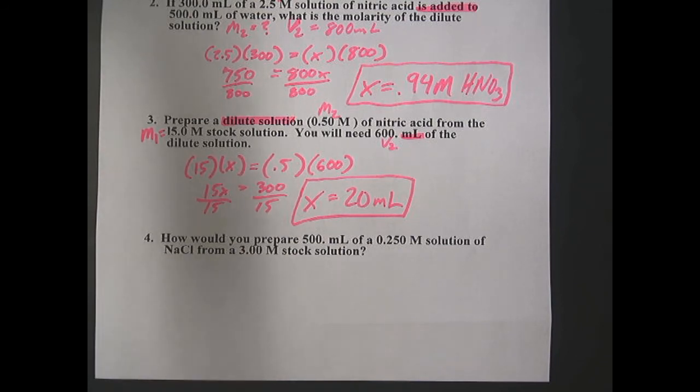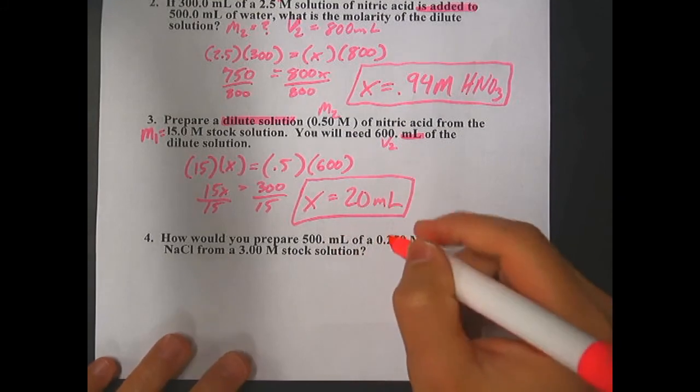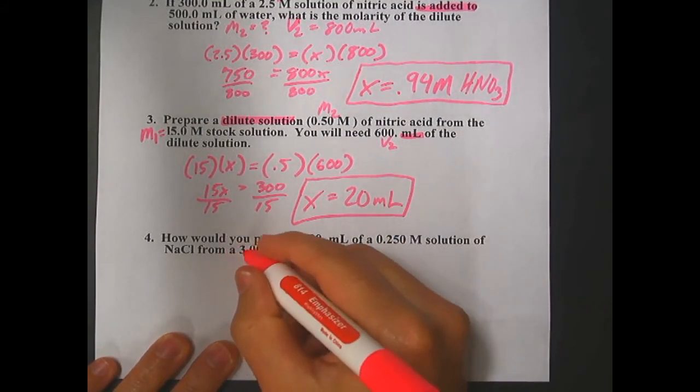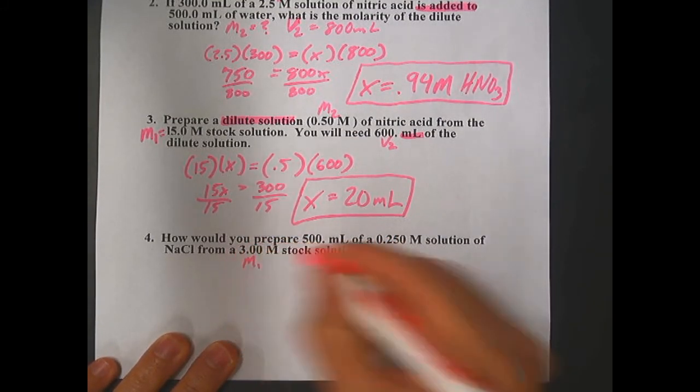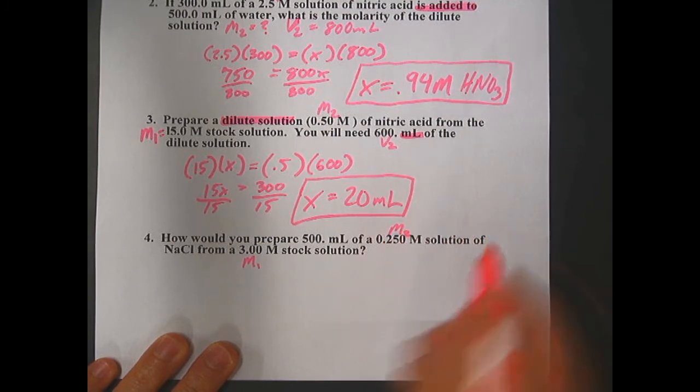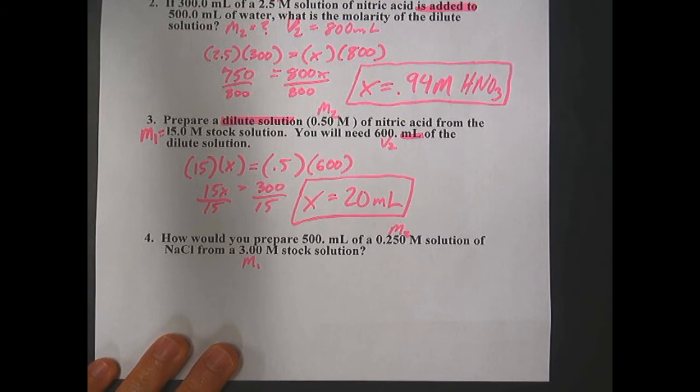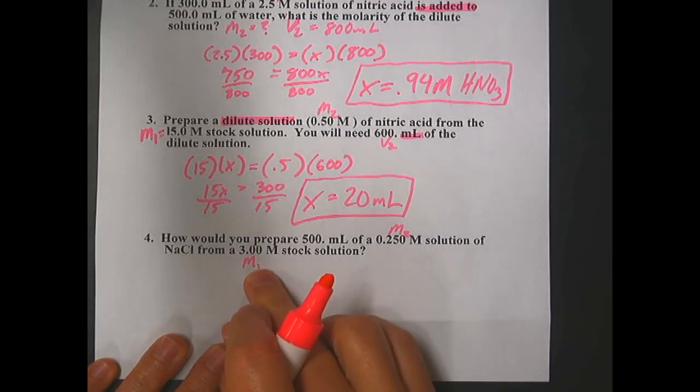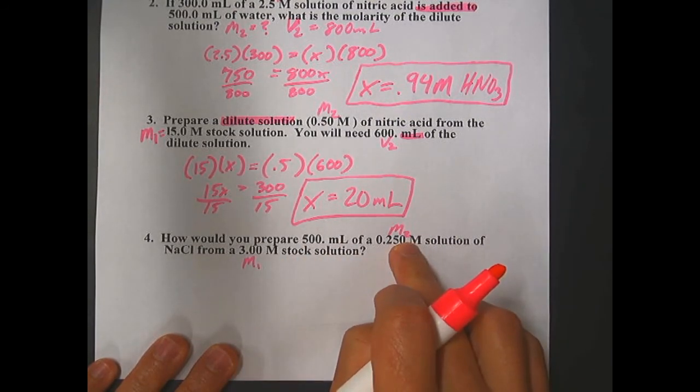All right, it says, how would you prepare 500 milliliters of a 0.25 molar solution of NaCl from a 3 molar stock solution? So 3 molar, that's the more concentrated, so that's M1. So 0.25 must be M2. Those are the concentrated molarity and the dilute molarity.